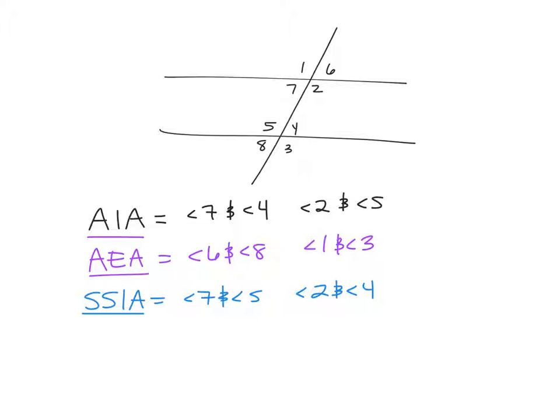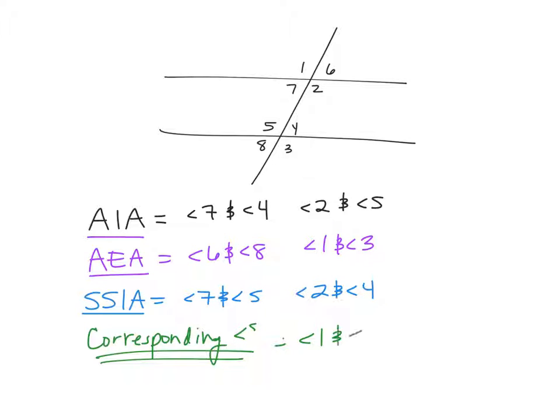Okay. And then corresponding. Corresponding is always the one that has more. There's just more options available for corresponding. Which ones do you see? 1 and 5. Angle 1 and angle 5. Angle 6 and angle 4.